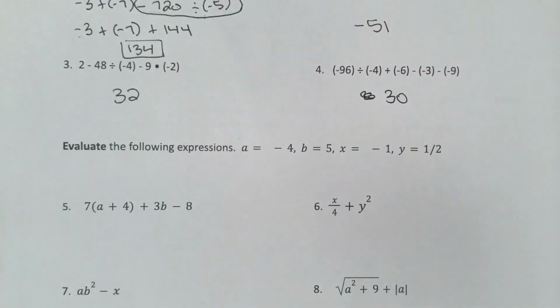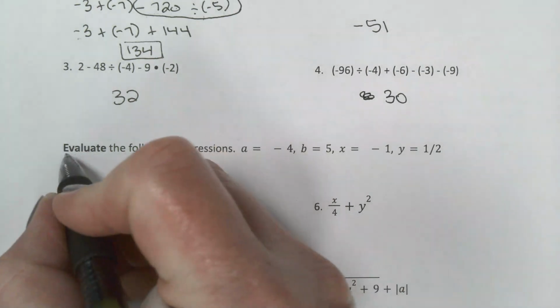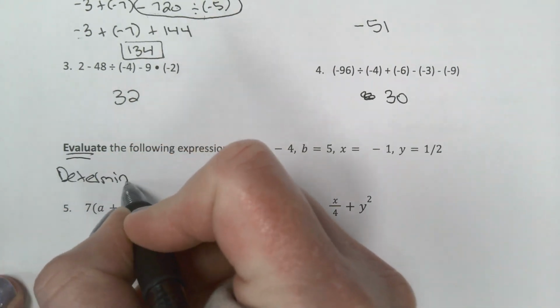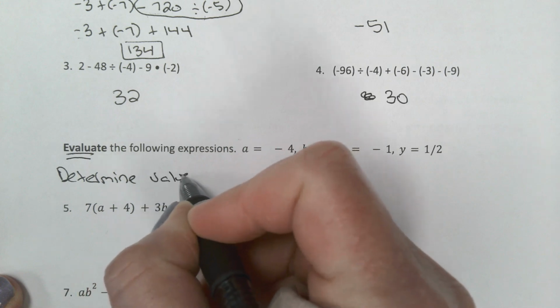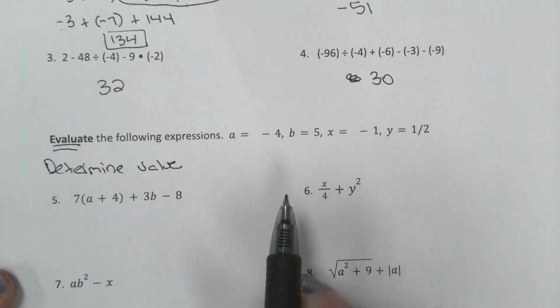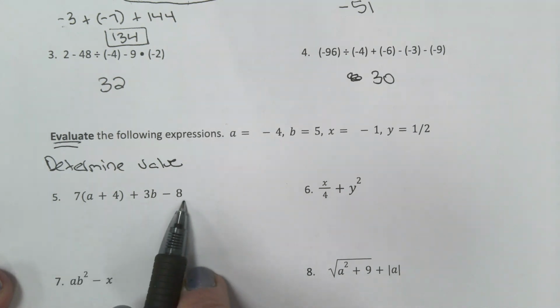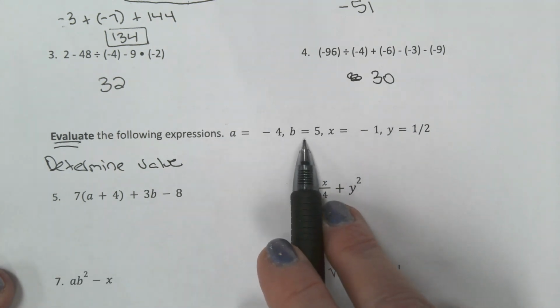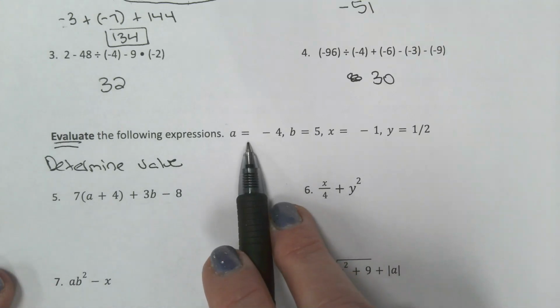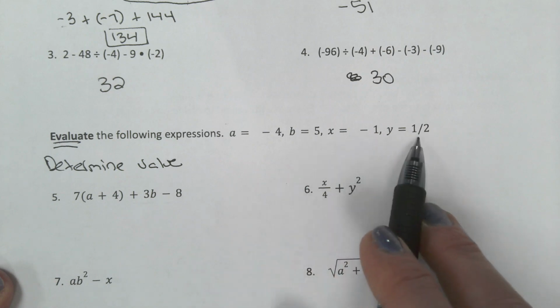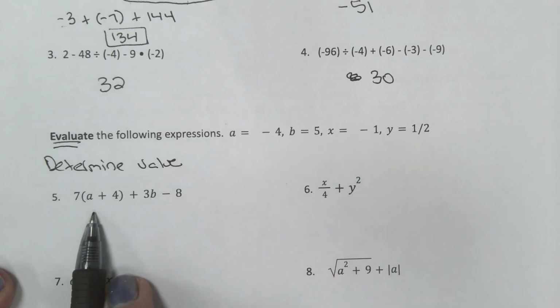Evaluate the following expressions. All right, so evaluate just simply means determine the value of something. So on number 5, I have a bunch of variables here, but I have a code. It says, okay, A equals negative 4, the B value is 5, the X value is negative 1, and the Y value is 1/2.